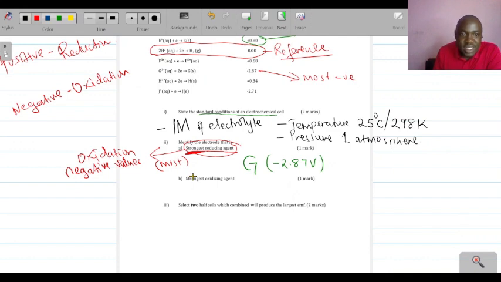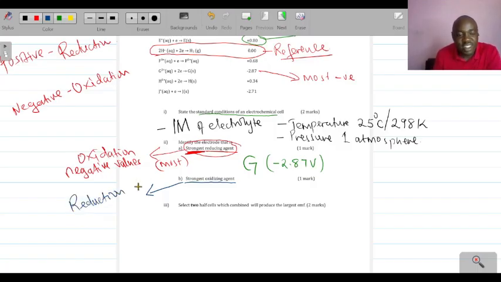Then we have the second part that is asking us, again, the strongest oxidizing agent. When it comes to oxidizing agents, remember the terms are opposite of each other. Oxidizing goes with reduction.